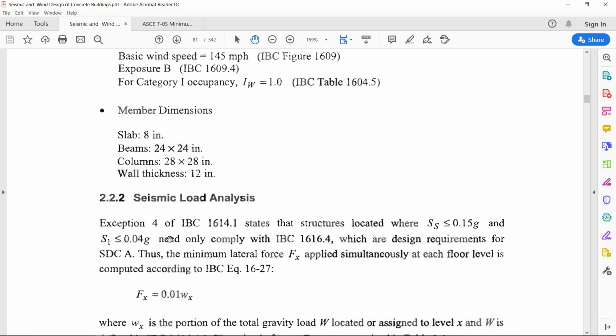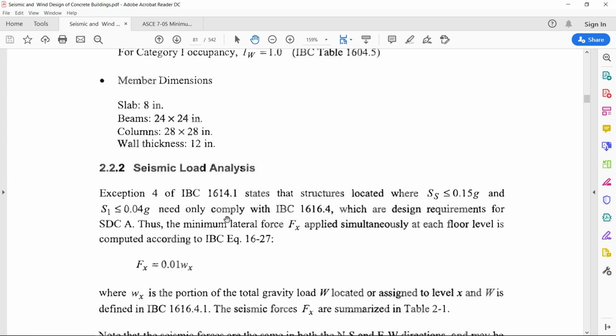Because here it is clearly mentioned that Exception 4 of IBC 1614.1 states that these structures located where SS is less than 0.15 g and S1 is less than 0.04 g need only comply with IBC 1616.4, which are the design requirements for seismic design category A. And its base shear is calculated with a very simple formula, that is Fx should be equal to 0.01 Wx.